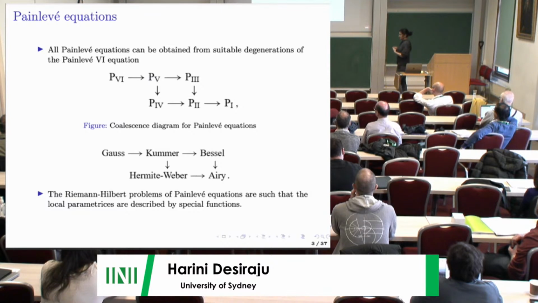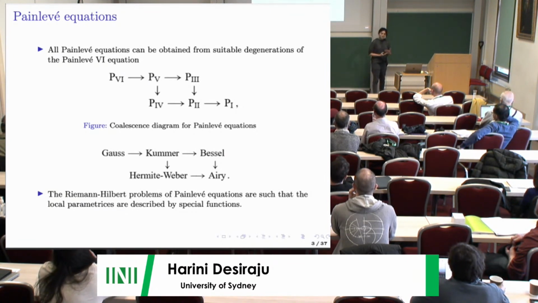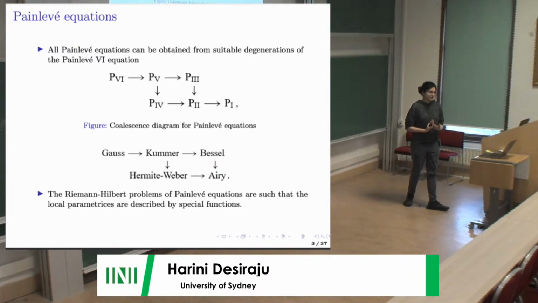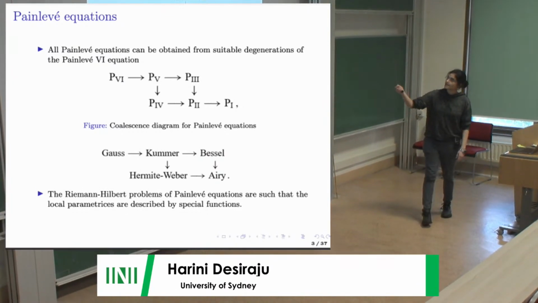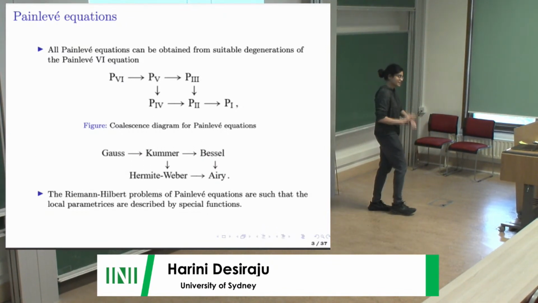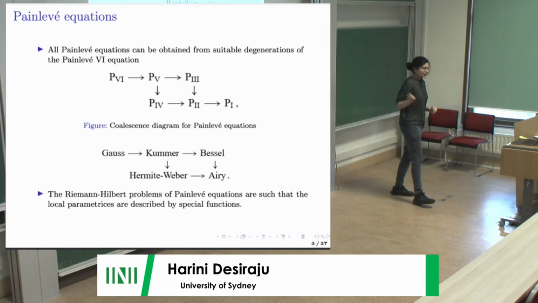The second important point is that these equations are integrable, which means that associated to these integrable systems, there is some sort of a monodromy representation, through which I can construct a Riemann-Hilbert problem. This is just a synopsis of what I'm trying to say. All the words will be expanded in full detail once I start the Painlevé II equation.